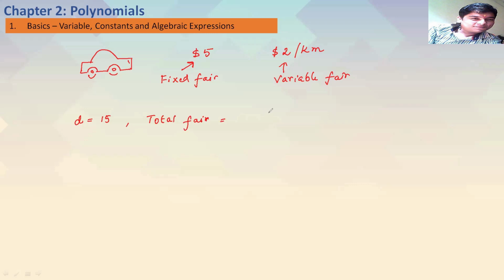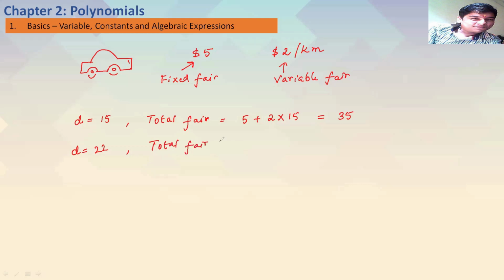Fixed fare is 5, so it'll be 5 plus 2 into 15, isn't it? So how much is it? 35. Very good.